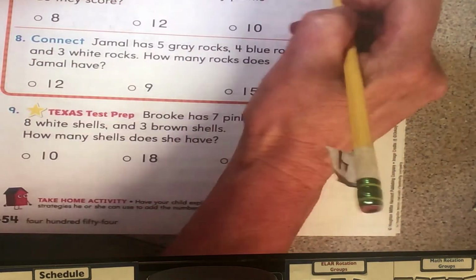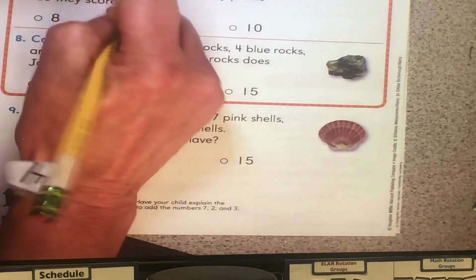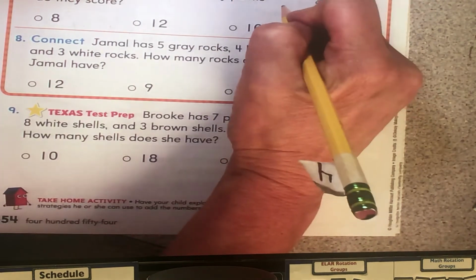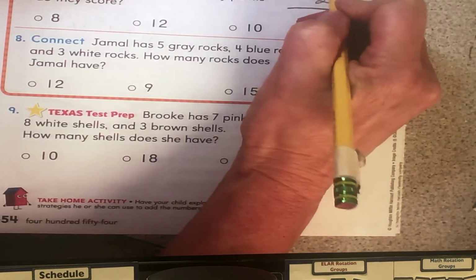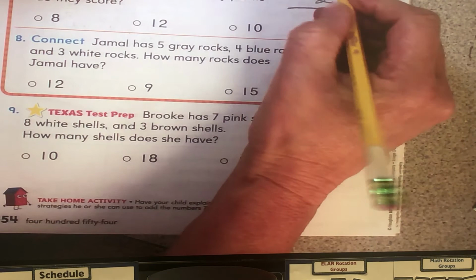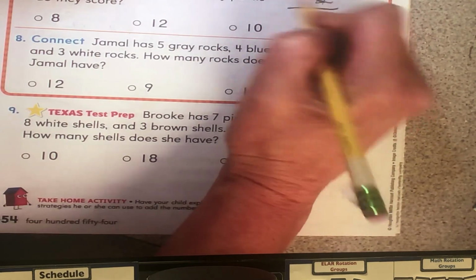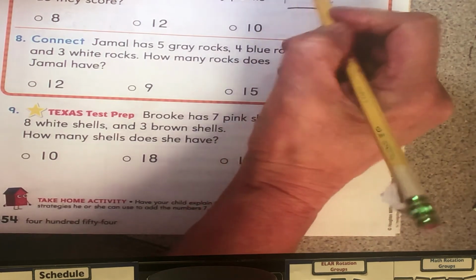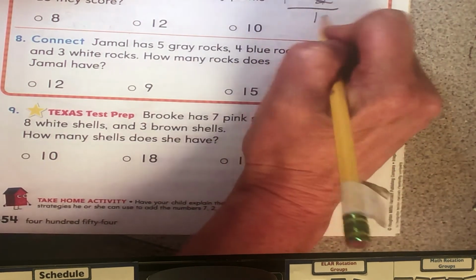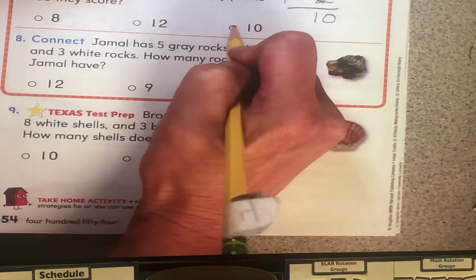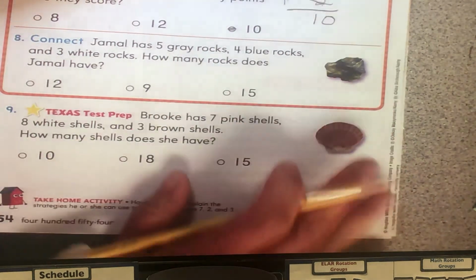Dinah scored 6. Matt scores 2. And you're going to what? That's right, add them all together. Well, I see some doubles there. Let me go ahead and add these doubles. 2 plus 2 is 4. And 4 plus 6 is, that's a 10. And there you have it.